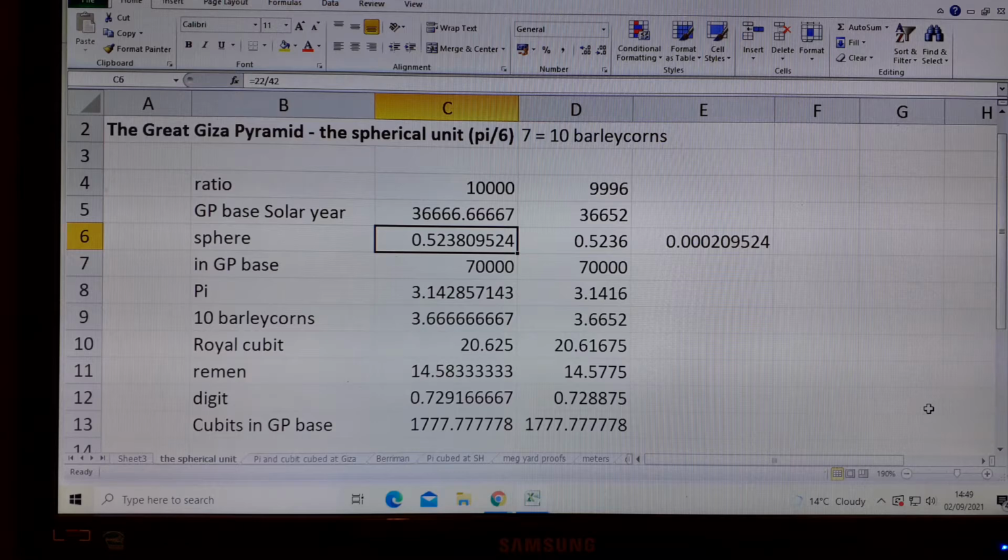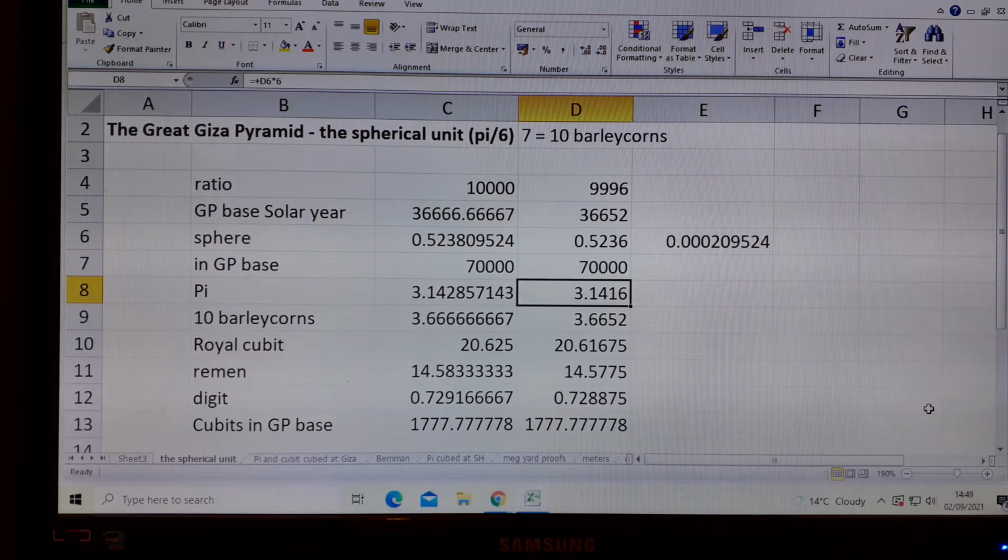And the second unit that we're going to look at is when pi is 3.1416. And now this approximation for pi is hyper close to real pi. And we've already shown in these presentations that it can be represented at Stonehenge in Tom's Aubrey Circle, which is 330 megalithic yards.